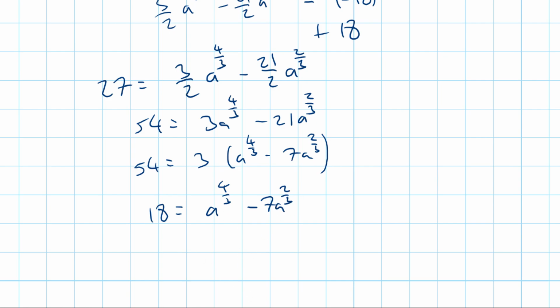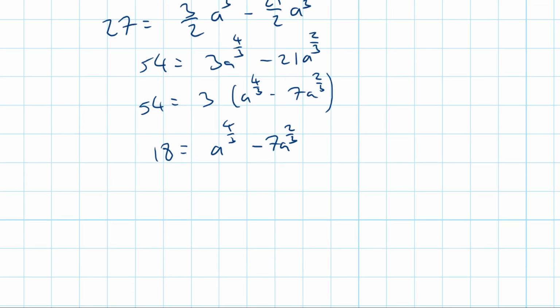And then from here, we can actually take out a factor of a^(2/3). So 18 is equal to a^(2/3) times, and this ends up being a squared, because if you multiply the two powers together, 2 times 2 over 3 is 4 over 3, so if you take out a factor of 2 over 3, you're just left with a squared minus 7.